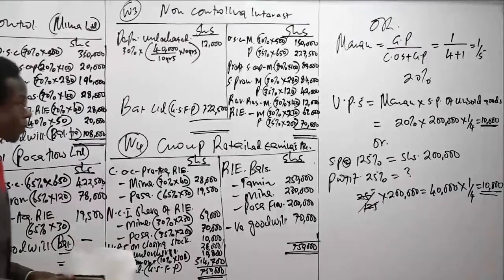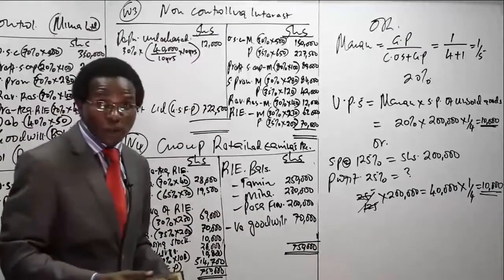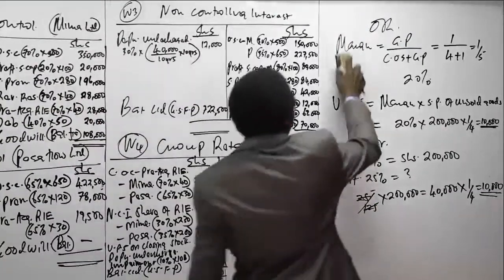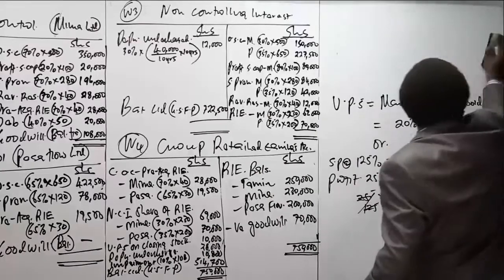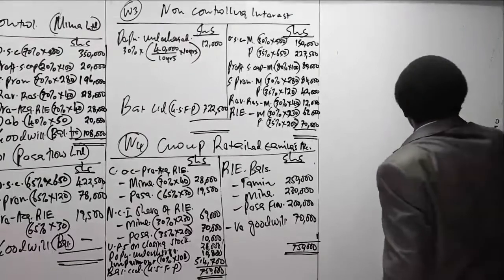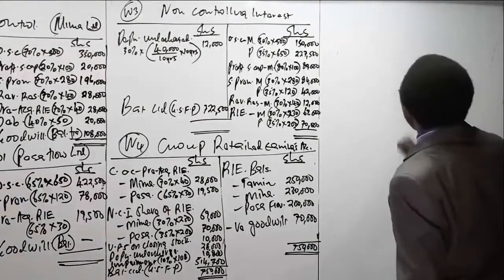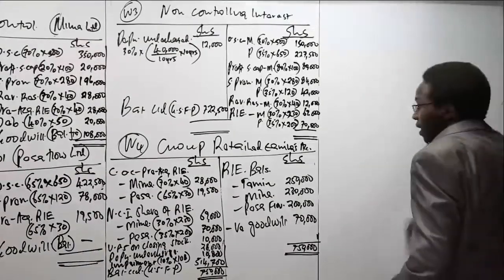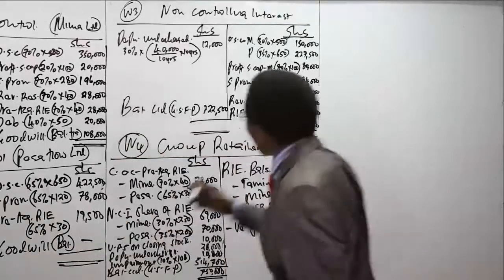Now we continue. We now prepare the group statement of financial position, where we have the horizontal structure. We have one holding company and several subsidiaries. So that is what we want to do.